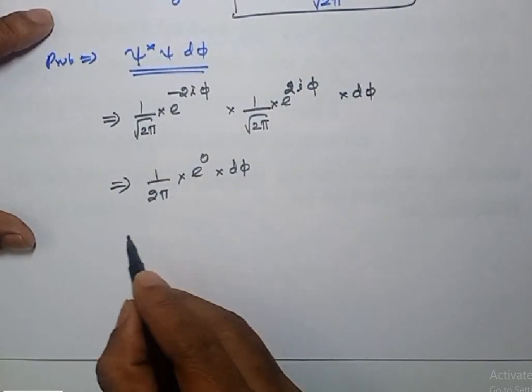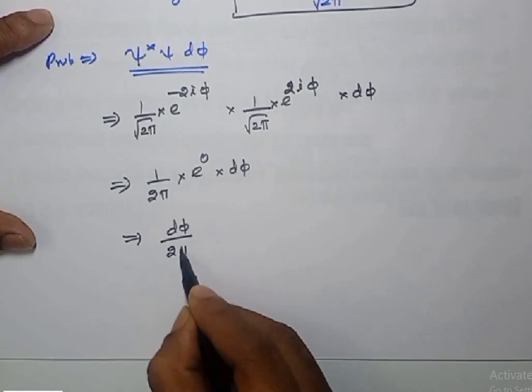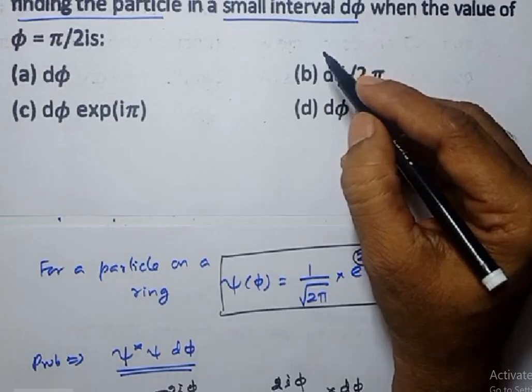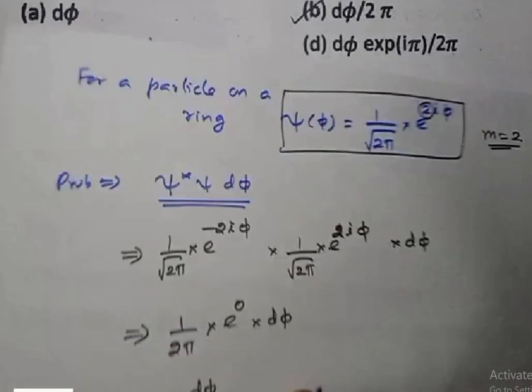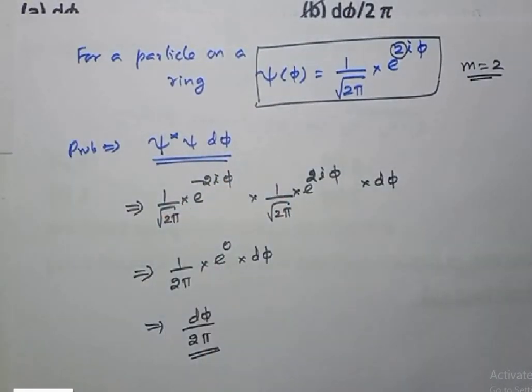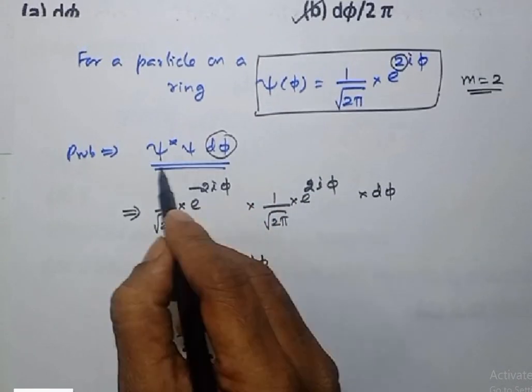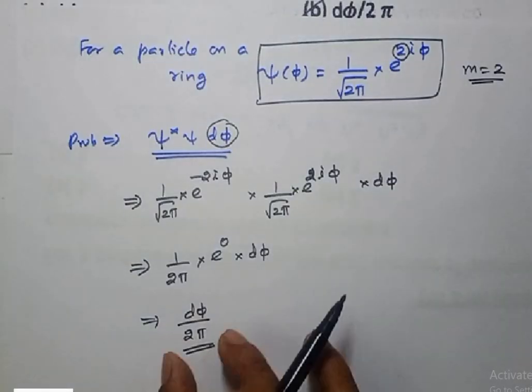So we get d phi by 2 pi. So the correct option for this question is option D, d phi by 2 pi. This is the method you should follow. They are asking the probability in the small interval d phi, so use this formula and simplify it, you will get the probability directly.